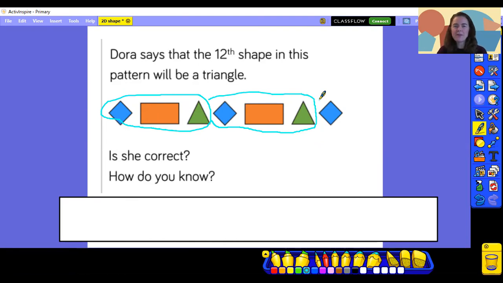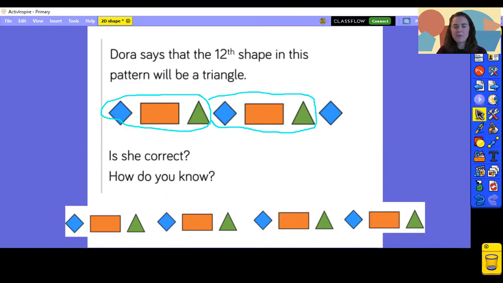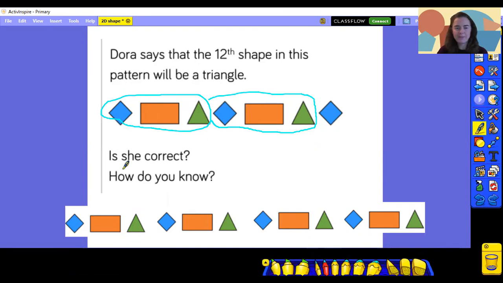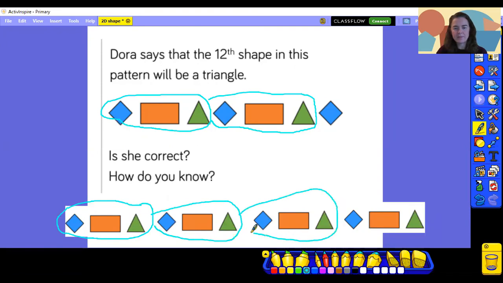So we've got to work out the 12th shape in the pattern. So let's have a look at the pattern below. So I've repeated the pattern using the shapes above. So I've got my 1 repeat, another repeat, another repeat, and another repeat.